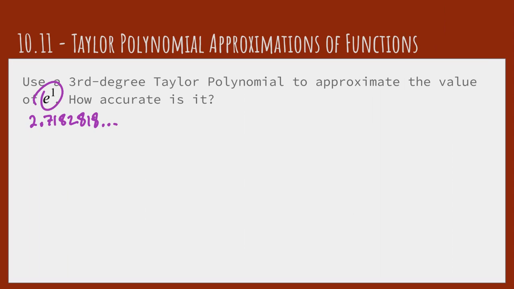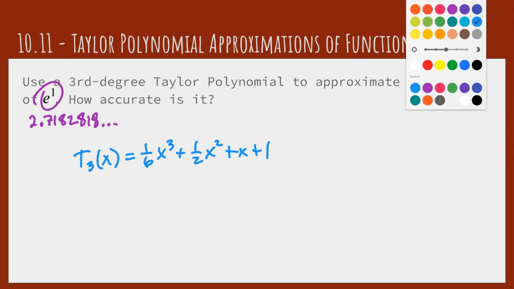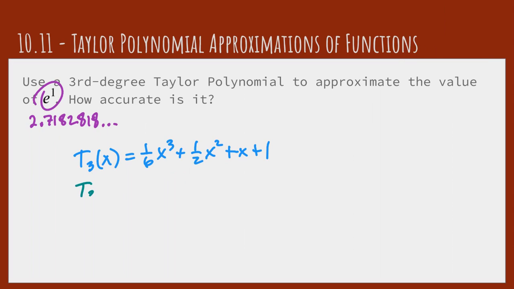So our third degree Taylor polynomial approximating e to the x is 1/6 x cubed plus 1/2 x squared plus x plus 1. When we plug in 1, it's just going to be 1/6 plus 1/2 plus 1 plus 1.